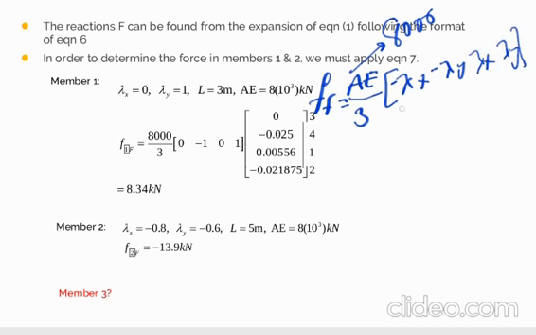So lambda x is 0, lambda y minus 1, and because we have minus here, be careful. Lambda x 0 and lambda y is 1. Then multiply by the D.